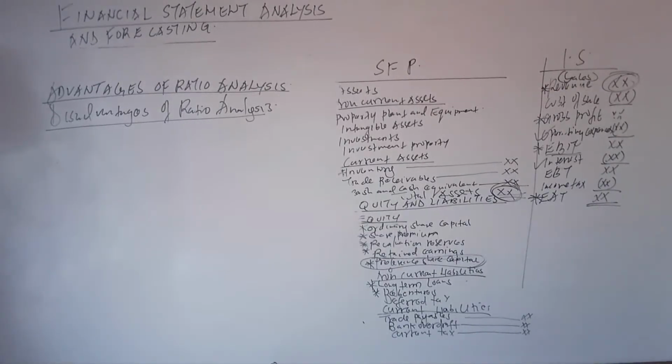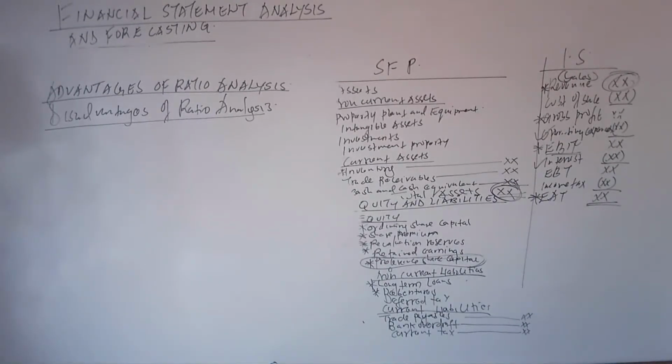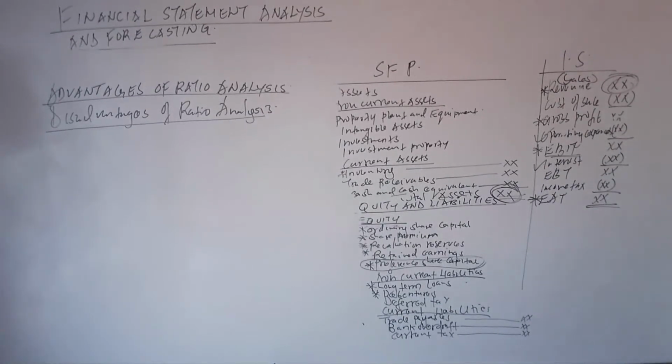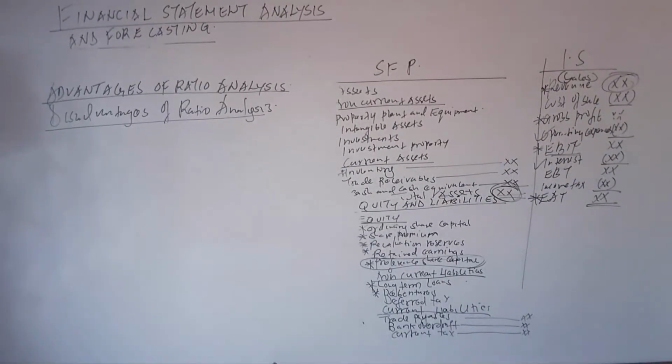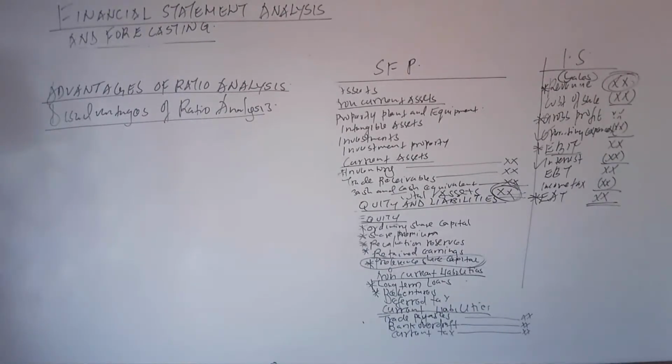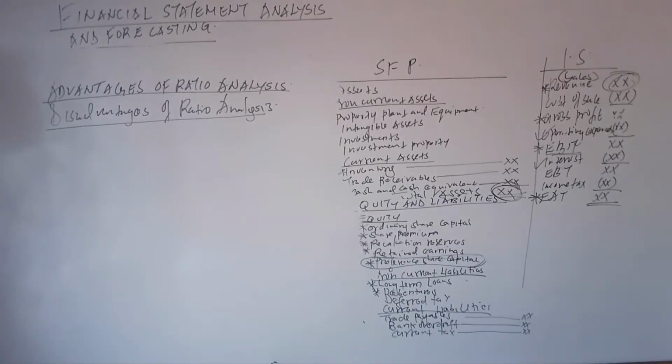Another point, differences in the size of the company. Companies in the same industry may have different size, level of technology, and diversification.